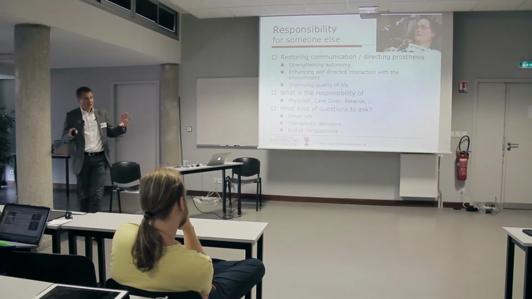All these applications are meant to strengthen the autonomy of these patients. They should enhance their self-directed interaction with the environment and, in the end, improve the quality of life of these patients, and even of their spouses and their relatives.